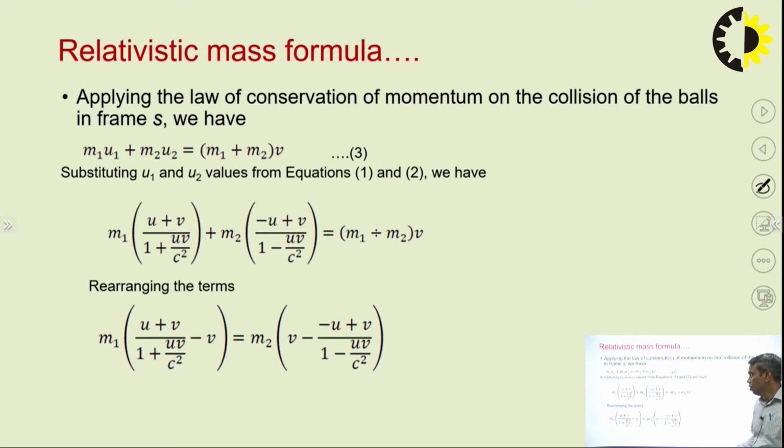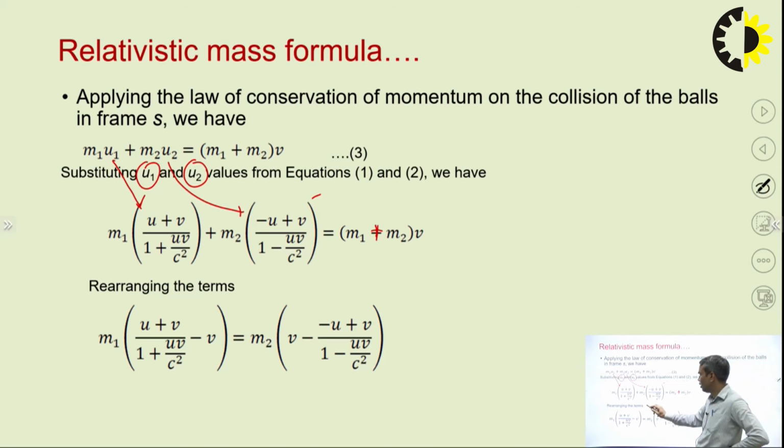Now, by substituting the values of u1 and u2 from equations 1 and 2, here u1 is u plus v over 1 plus uv by c square, and similarly for u2, so m1 u1 plus m2 u2 is equal to m1 plus m2 into v.